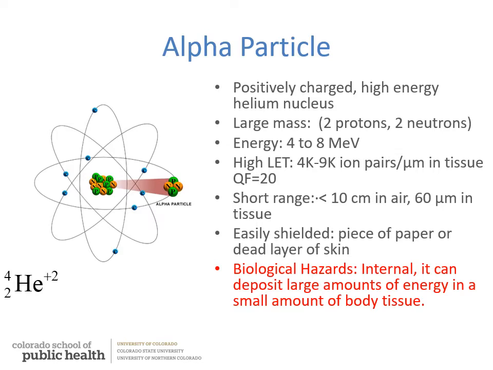Alpha particles are a bigger issue when they're emitted in, for example, your lungs, but we'll get into that when we talk about radon a little bit. So as an internal hazard, it deposits large amounts of energy in a small amount of body tissue, which is why alpha particles and radon is such a hazard.